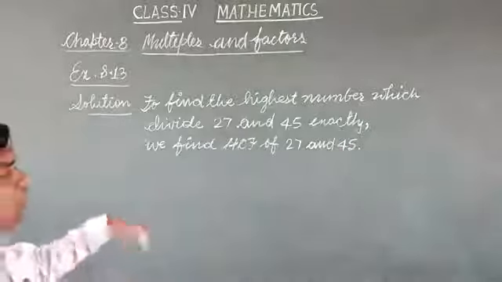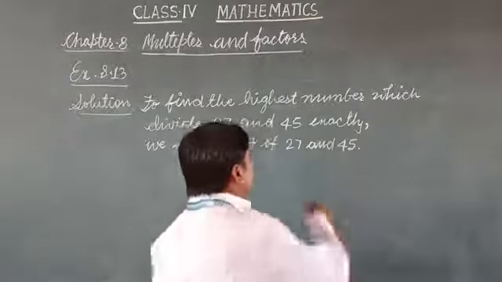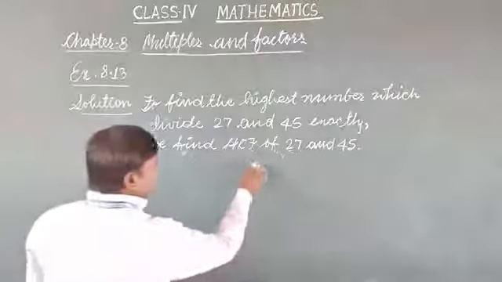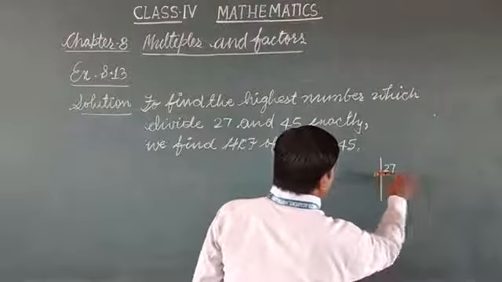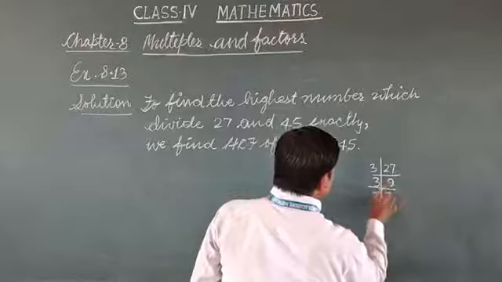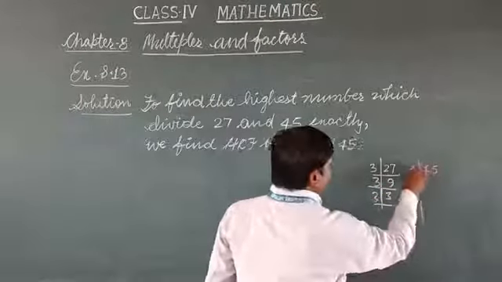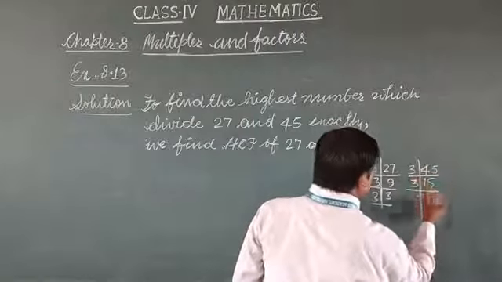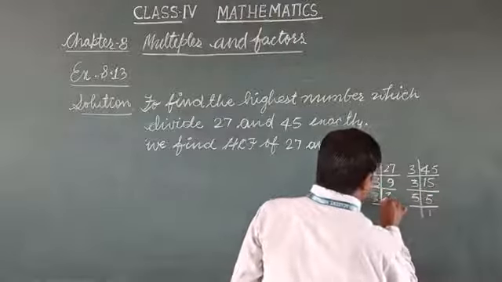Now, you have two methods to find the HCF. You can write common factors or you can find it by prime factorization. Now I am writing the prime factorization. For 27, it will be divided by 3, 9, again by 3, 3 will come, again by 3. For 45, it will be divided by 3, 15, again divided by 3. Now 5 will come, by 5, 1.